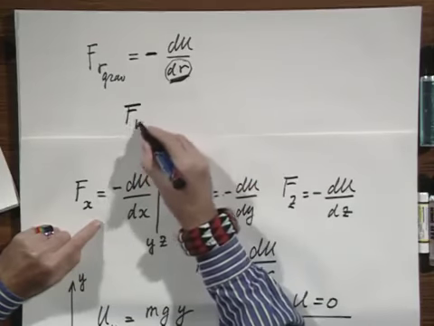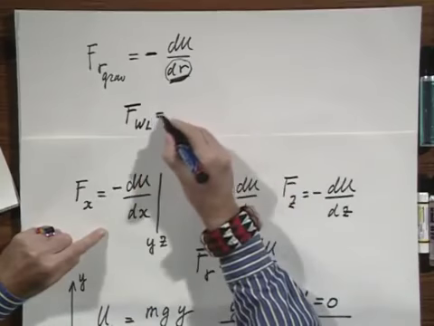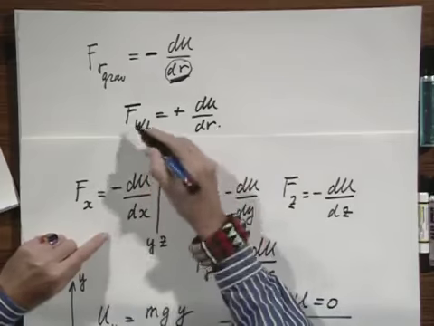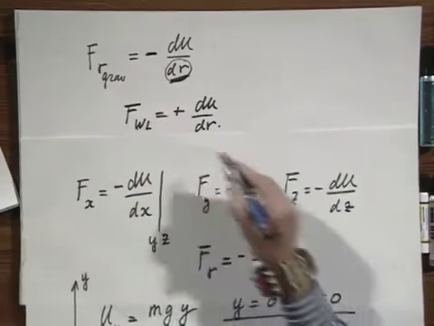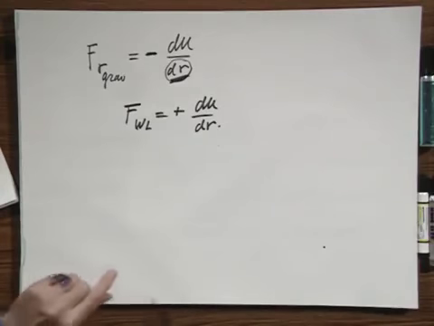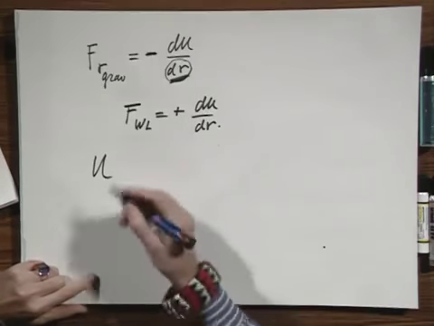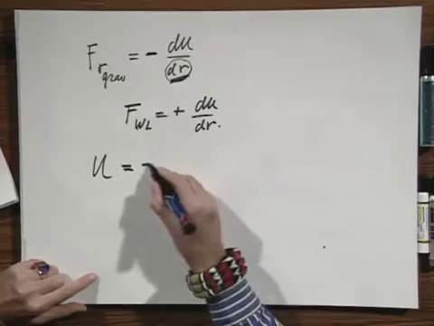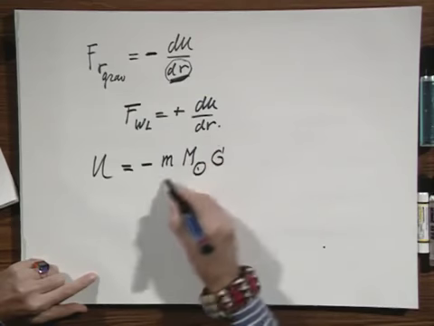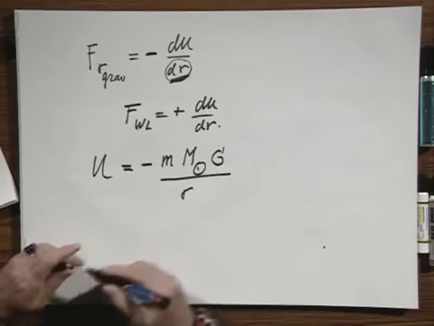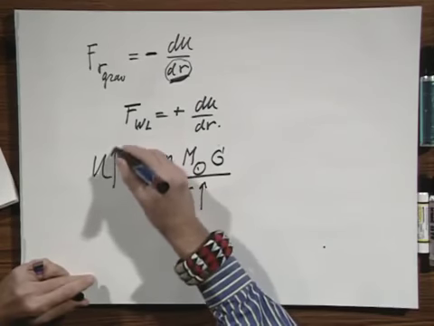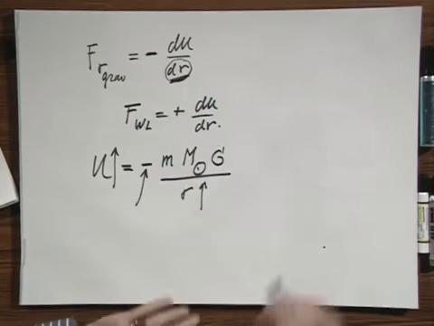So the force of Walter Lewin, if I bring it out, would be plus dU/dr, because my force is exactly in the opposite direction than the force from gravity. So U, in the case of gravity with the sun, equals minus m_sun times G divided by r. Notice that when r increases, U increases because of this minus sign.